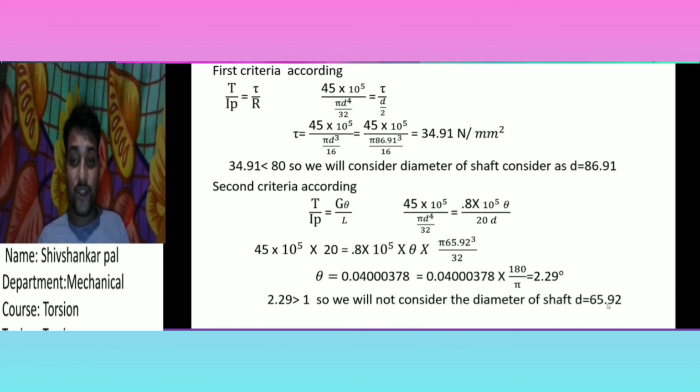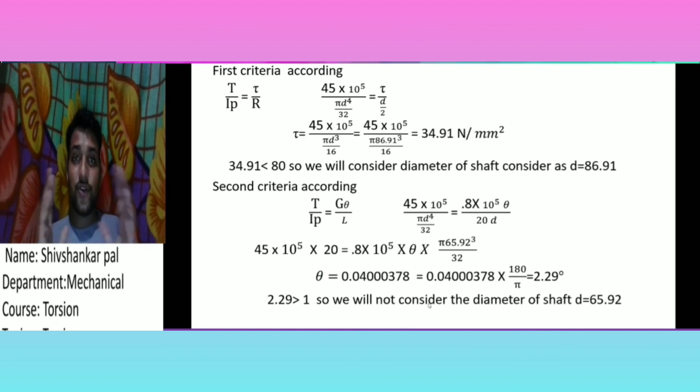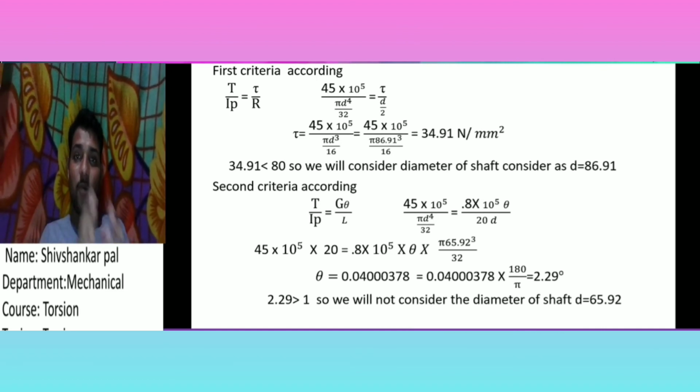So we see 2.29 is greater than 1, so we will not consider the diameter D equal to 65.9. So you will see in this equation, tau by R equals T by IP equals G theta by L, that is our torsion equation. This torsion equation is divided into two parts.